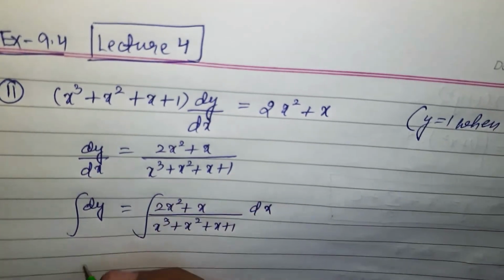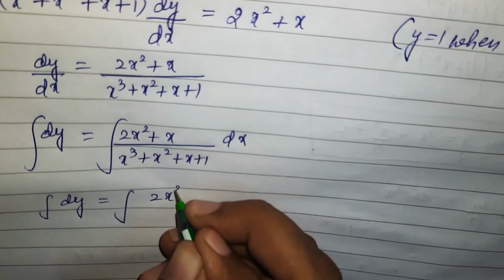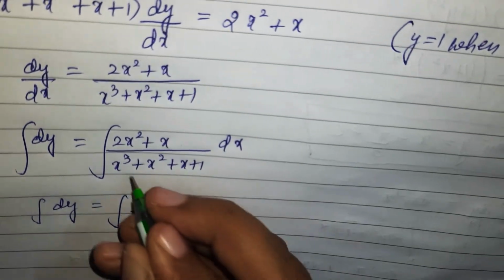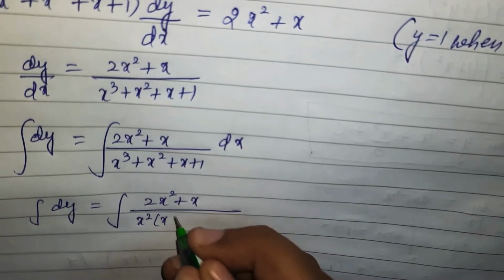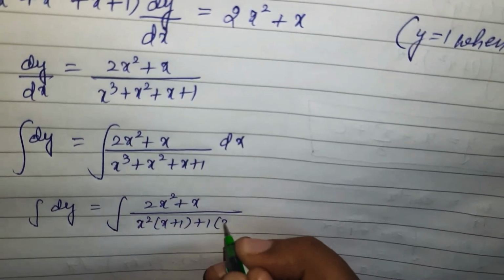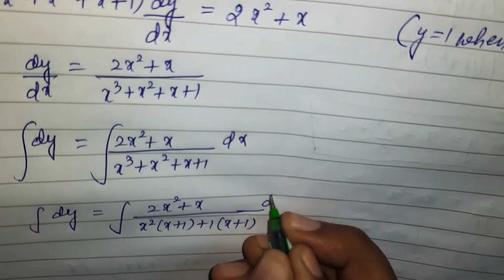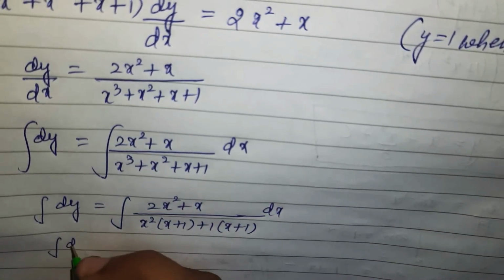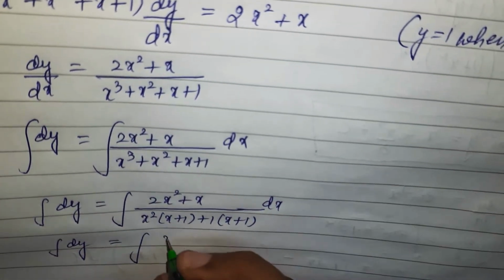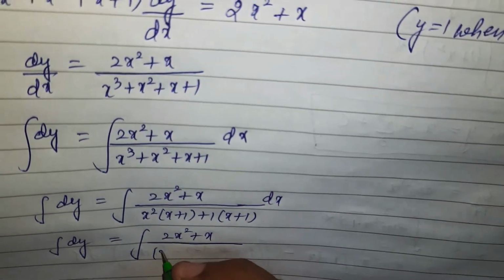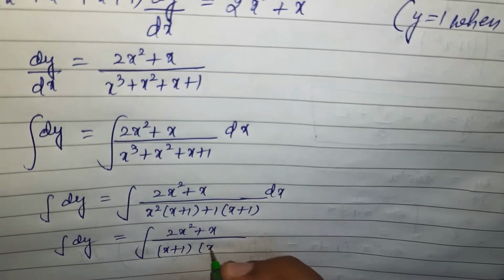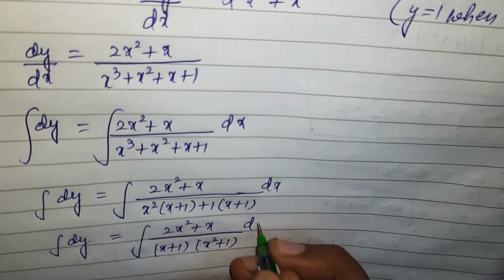Integrate both sides. Before starting the integration, for the right hand side, taking x square common from the first two terms, and x plus 1 common, the denominator becomes x plus 1 into x square plus 1. So dy equals 2x square plus x over x plus 1 times x square plus 1 dx.